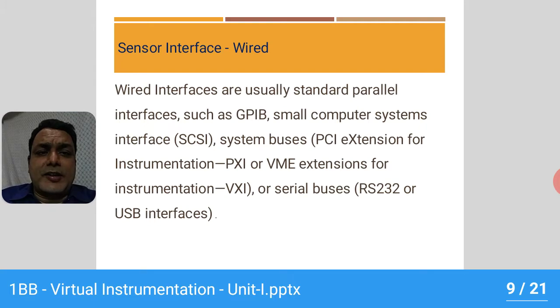Coming to the wired interfaces, you have the bus mechanisms, which are classified into different interfaces such as GPIB, General Purpose Interface Bus, Small Computer System Interface, also known as SCSI, system buses, which are popularly known as PCI extension for instrumentation or PXI, VME extension for instrumentation, also known as VXI, or for serial communication you have serial buses, which consist of RS-232 and USB interfaces.